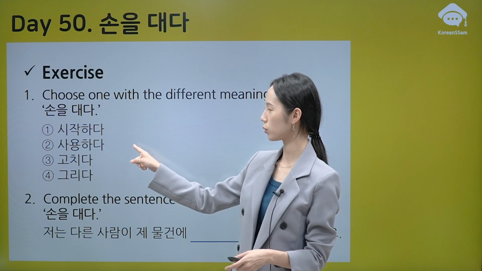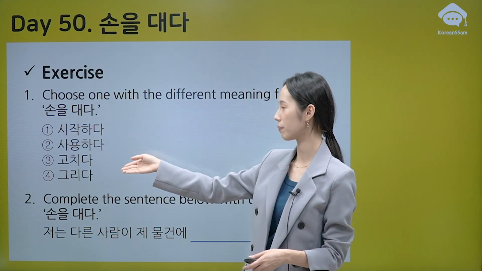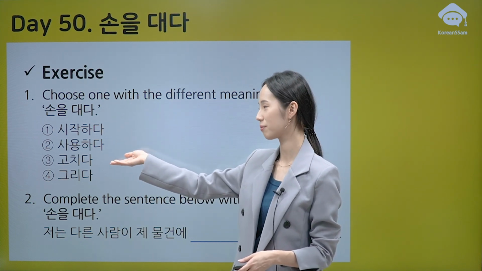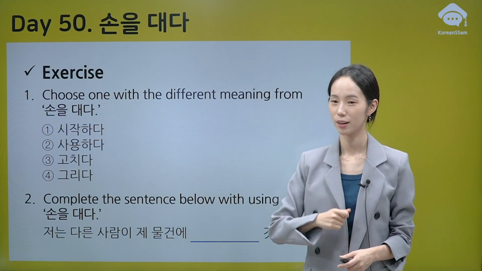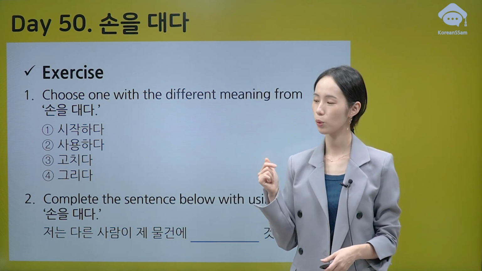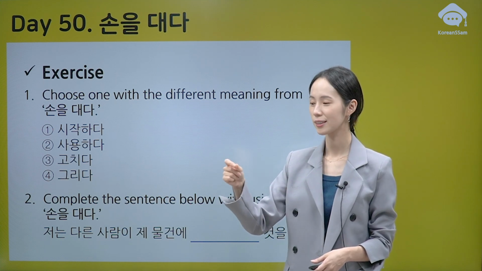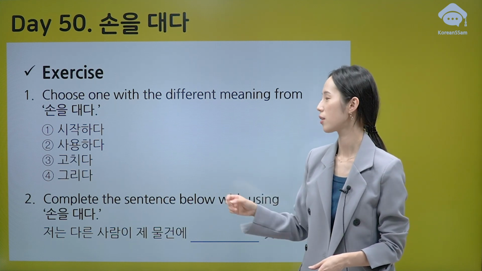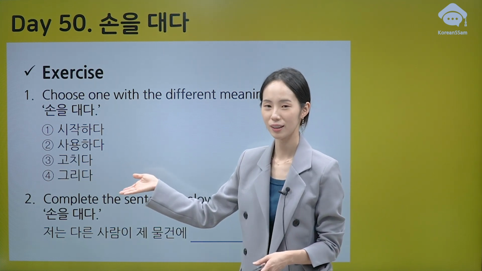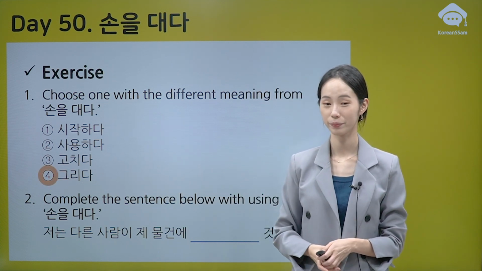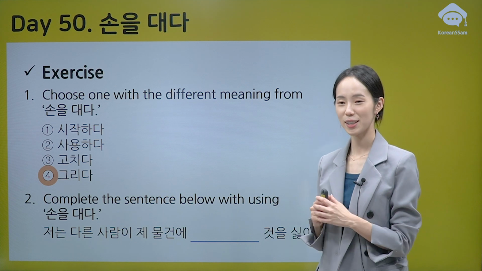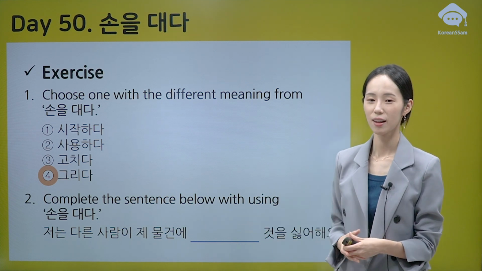So number 1, 2, 3 are all meanings of 손을 대다. And number 4, 그리다. To draw. 손을 대다, 그리다? 아니요. There was no 그리다 meaning in 손을 대다. So it's number 4.